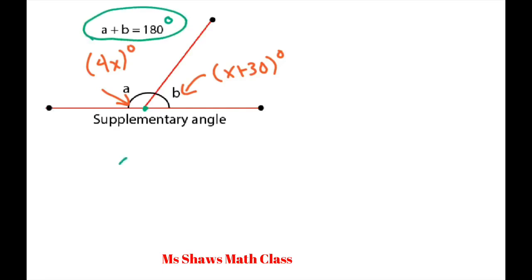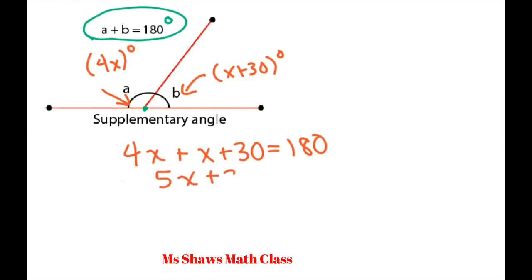So A is 4x degrees, and we'll just put 4x for now. So let's do that. 4x plus x plus 30 should equal 180. So collect like terms. You have 5x plus 30 equals 180.